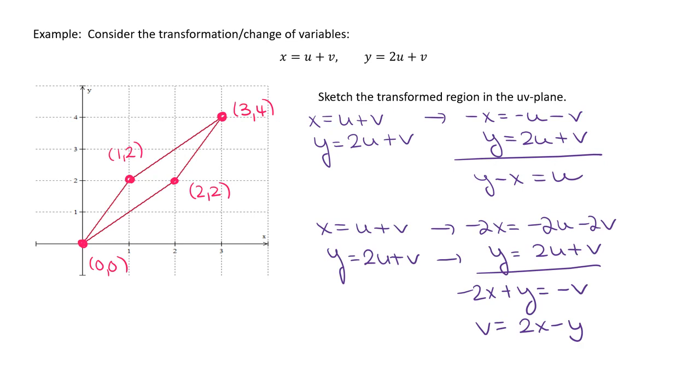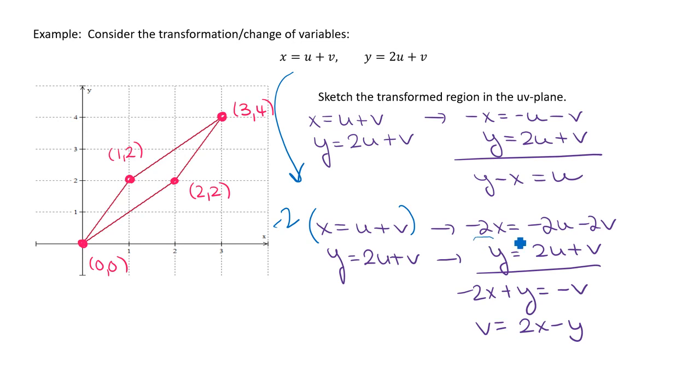So the u values will always be the y values minus the x values. And then I'll do something similar to solve for v. Same two equations, same system of equations. If I want to solve for v, I have to get rid of the u's. So I'm going to take this first equation and multiply everything by -2, because then when I add them together, the u's will cancel out.